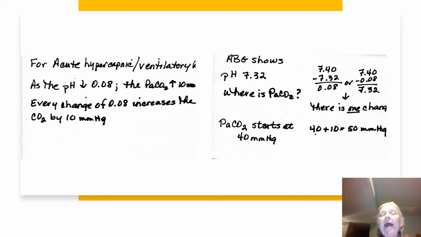We only had one change of 0.08. So therefore, there's only going to be one increase of 10. So we're going to take the 40 that we have as our base, add the 10 to it that resulted from the change, and we expect to see the CO2 to be around 50 millimeters of mercury once the machine starts working again.